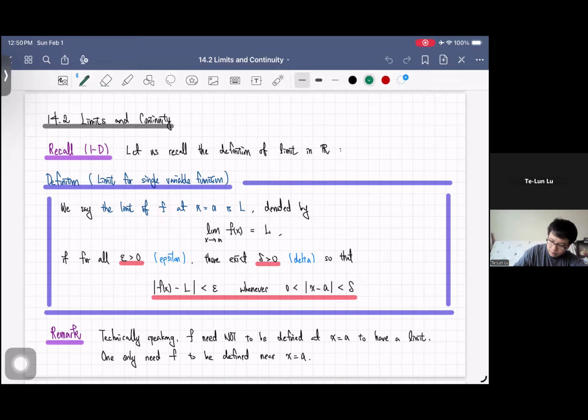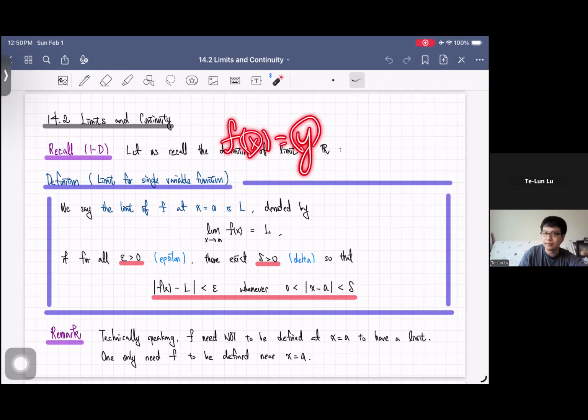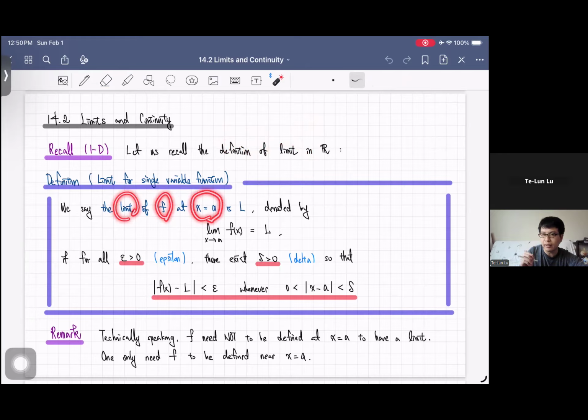So basically, f sends some number to some number. Okay, those are numbers, not vectors. So we say the limit of f at the point x equals a, so that is some point a, is L, and we denote that phrase by this notation, limit of x at a of this function f is L if the following is satisfied.